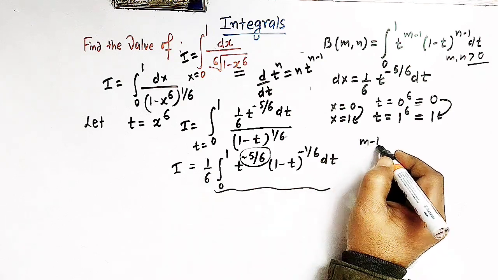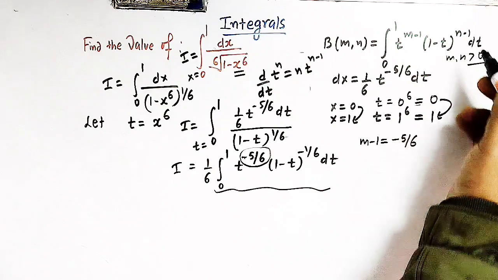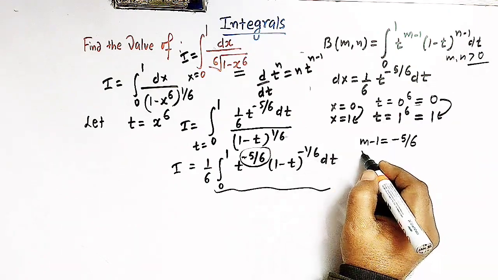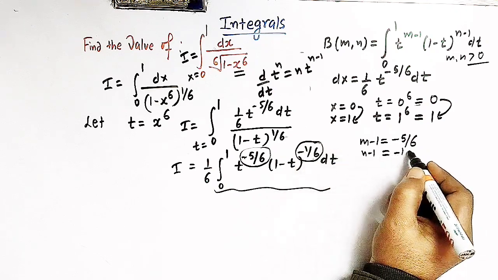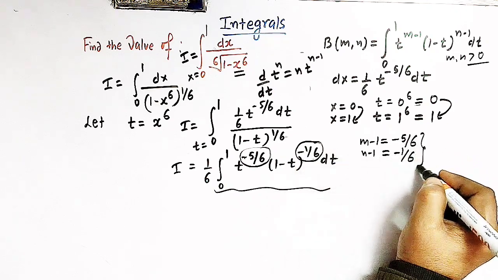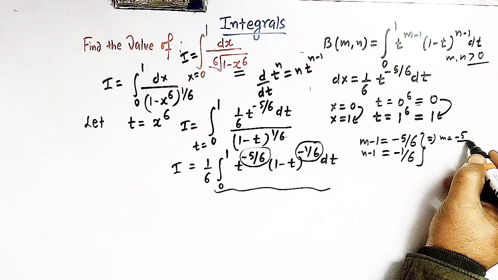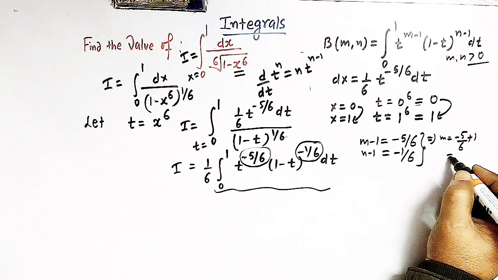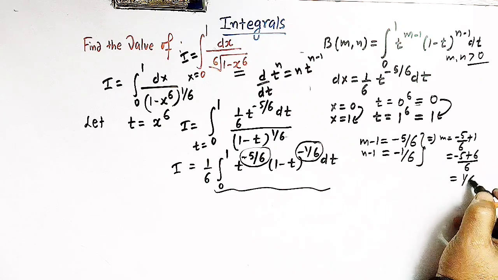So now m minus 1 can be written as minus 5 over 6, and n minus 1 can be written as minus 1 over 6. So let us solve these two equations. We can now write m is equal to minus 5 by 6 plus 1, that is minus 5 plus 6 over 6, that is 1 over 6.